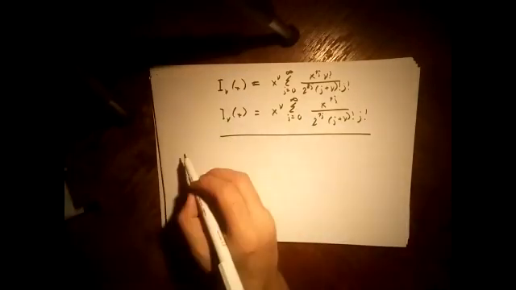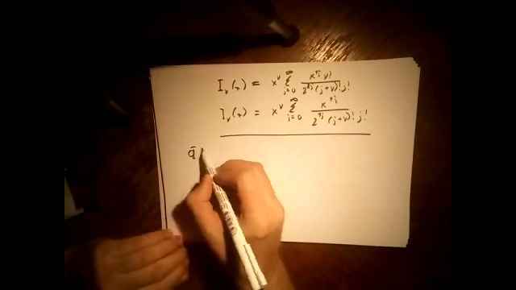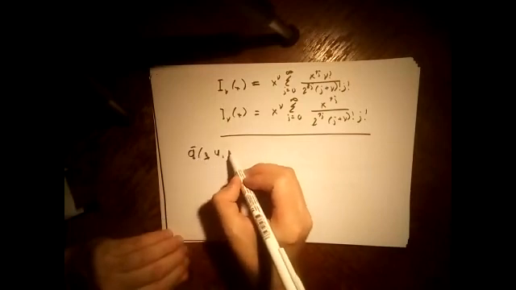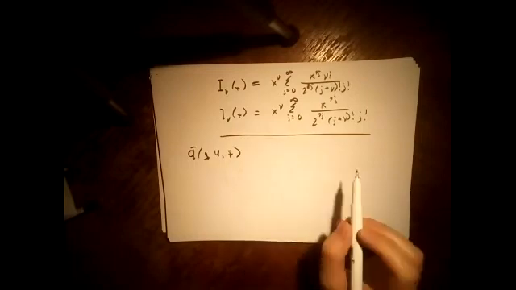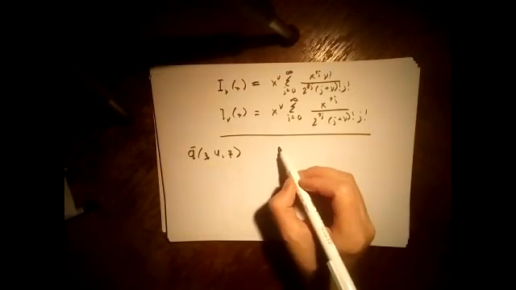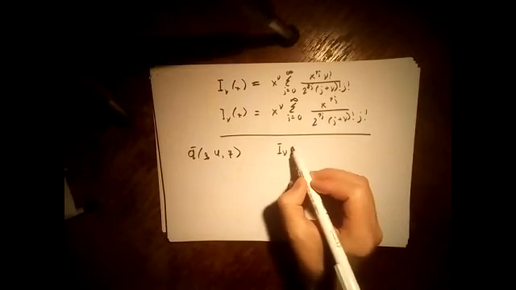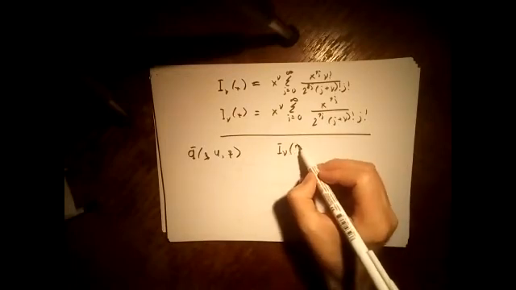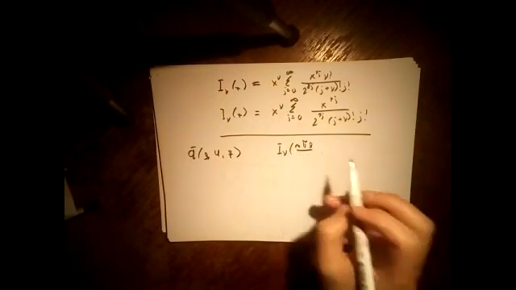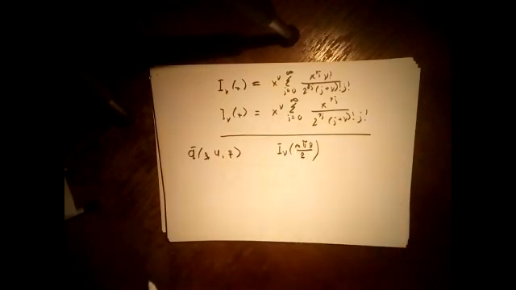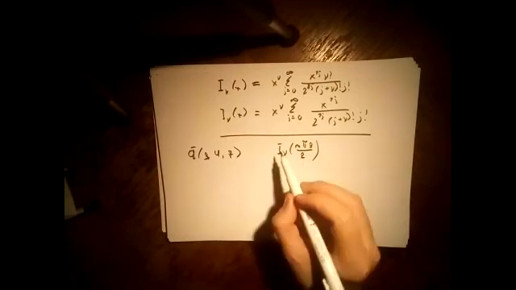We said that phi(rho, phi, z) is going to be a product. First of all, it's going to be I nu of m pi rho divided by the radius, so a modified Bessel function.